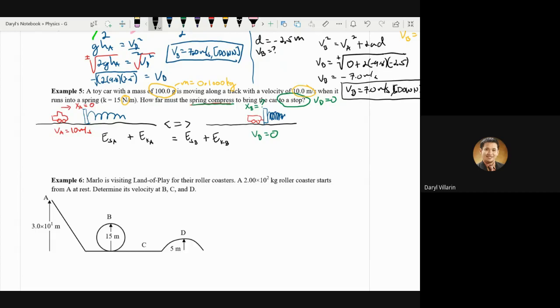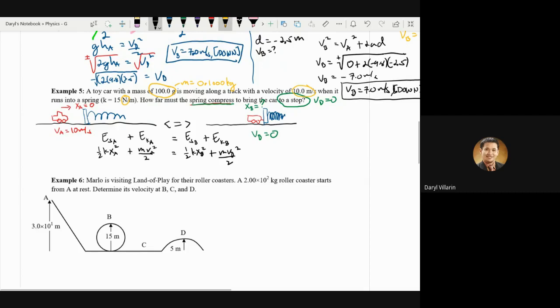The expression for the elastic potential energy is given by 1/2 k x_a squared. Just don't forget that x is to the power of 2. Plus m v_a squared over 2, is equal to 1/2 k x_b squared plus m v_b squared over 2.